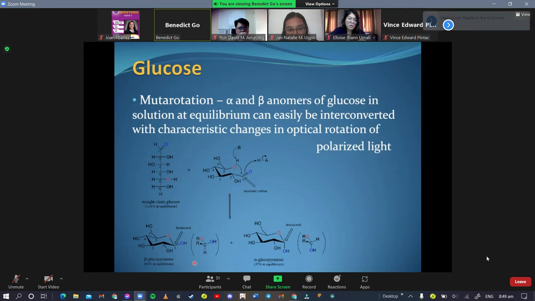But the most stable form, of course, is the ring form, or the beta glucopyranose, which exists in 63% or a little less than 2/3, and 37% as alpha, just a little over 1/3. So the most common in solution will be beta glucopyranose.